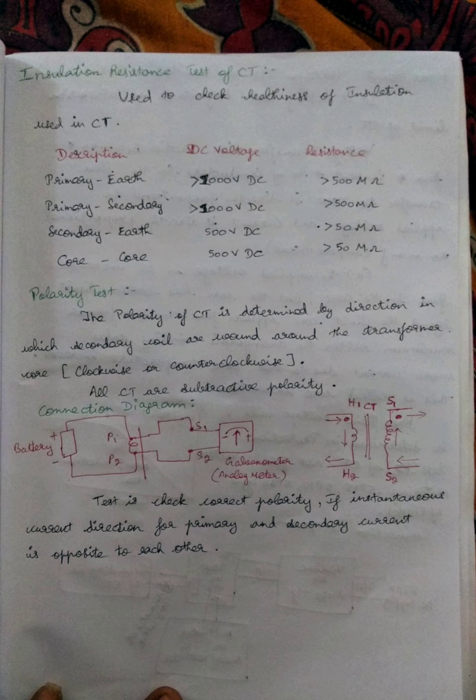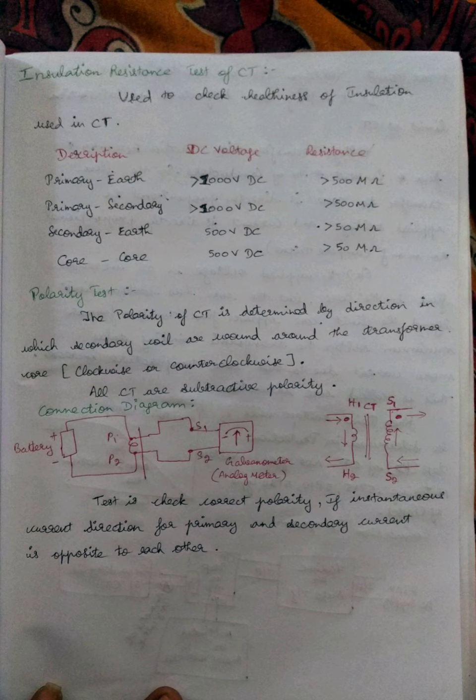Then for the primary to secondary connection, primary is the injecting point and secondary is the reference point. The injecting voltage is 1000 volt and the resistance value should be more than 500 megohm. Then secondary as the injecting point and earth as the reference. In that case we inject only 500 volt because the secondary cores are very light and thin.